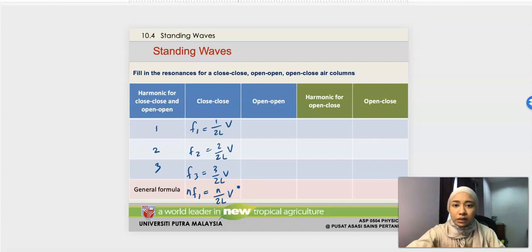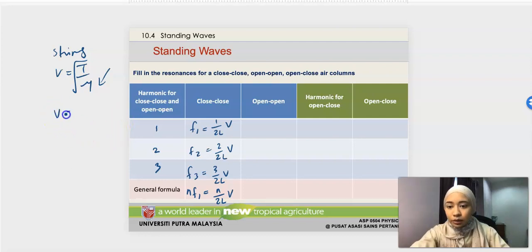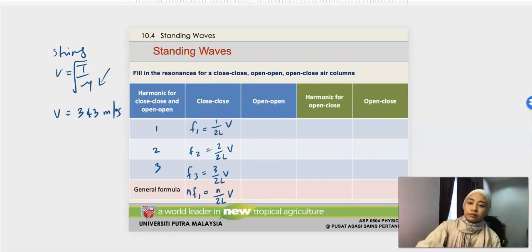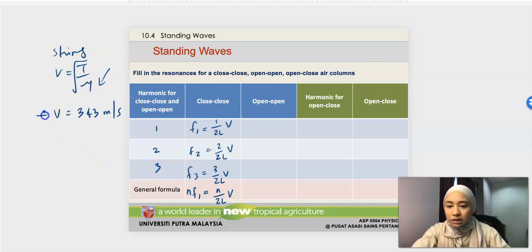So what is your v here? For a string, the v was the square root of T over mu, because we had tension and we also had to account for the mass over length. But for an air column, we already know how to calculate the speed of sound in air at room temperature. So it's just a constant, 343 meters per second. You don't have to use the equation T over mu, but instead use this value because it's a constant.